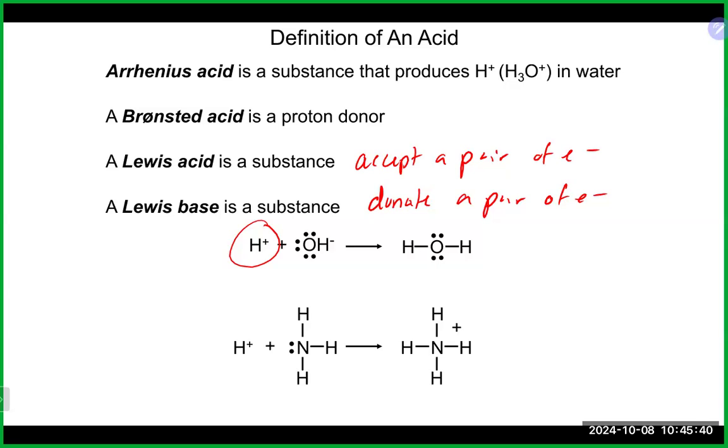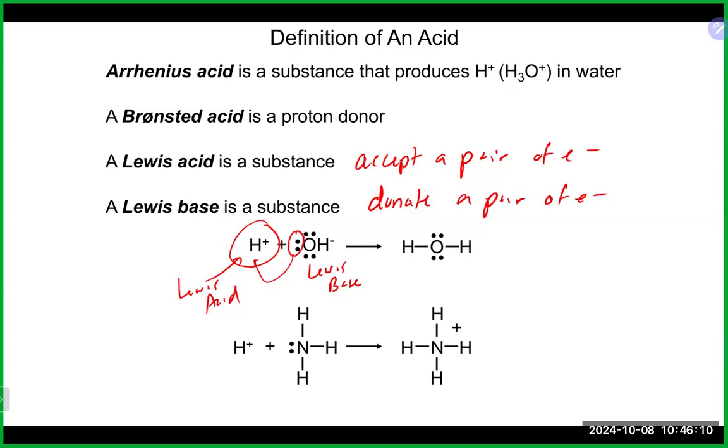What makes something a good Lewis base is it is usually polar or has an unpaired lone pair that it can donate, that has negative charges. So in this case here, he's going to donate some electrons over, and that's going to be our Lewis base. And this here would be our Lewis acid as it's going to accept it.